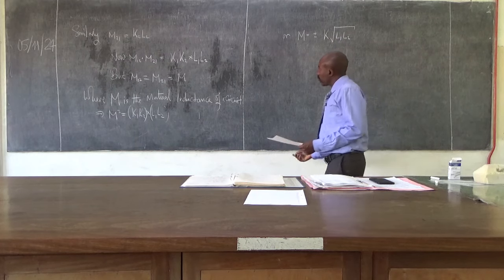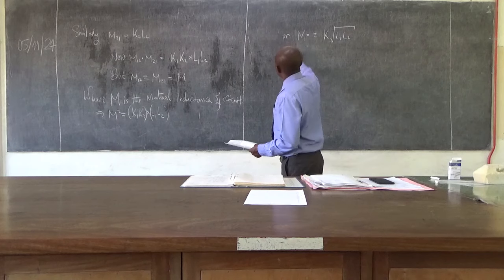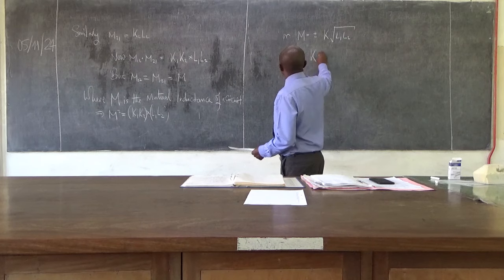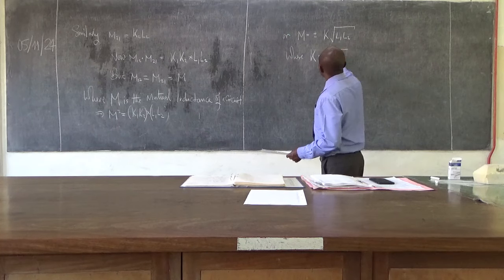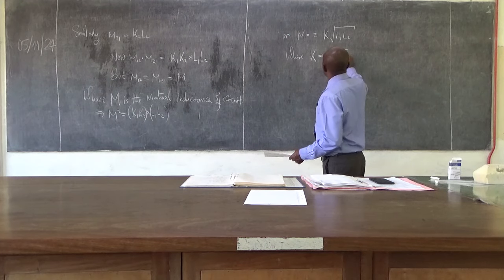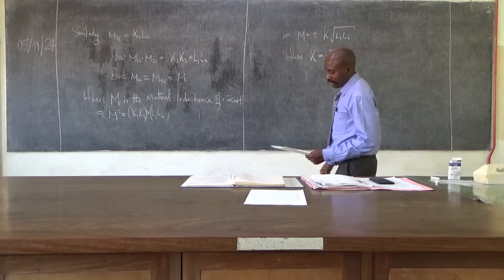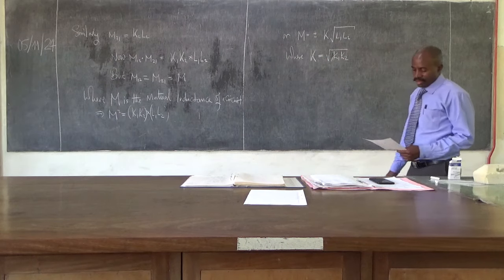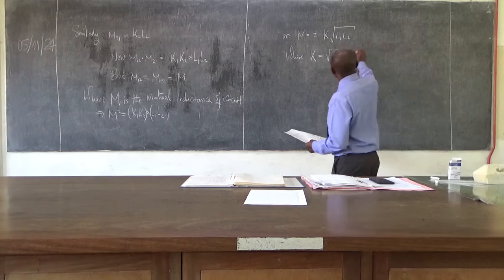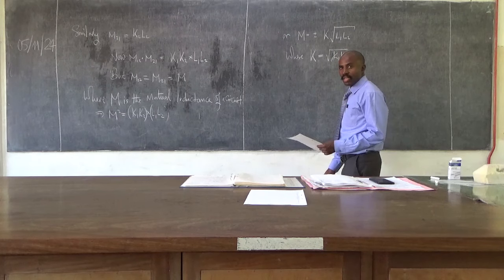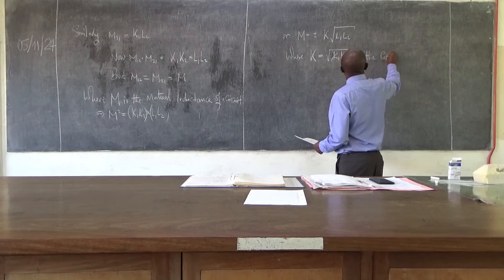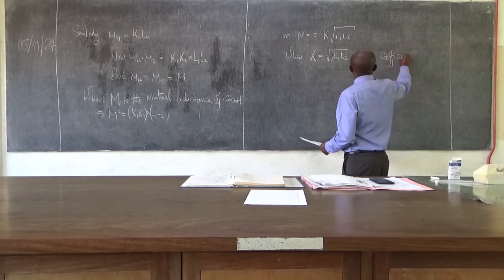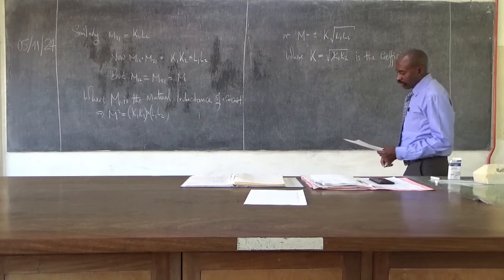And this K we are introducing, which is equal to the root of K1 K2, is the money. Is the money in the marriage. So it is the coefficient of coupling.